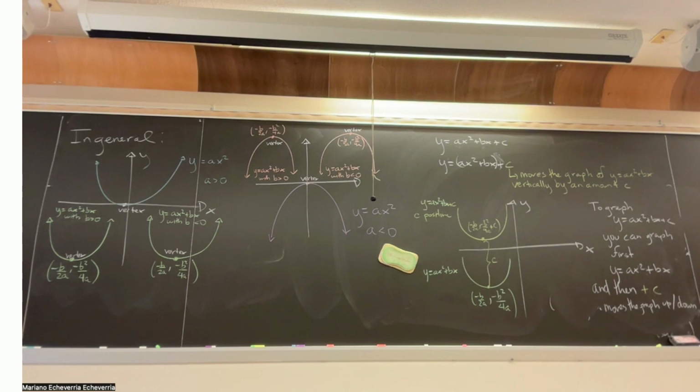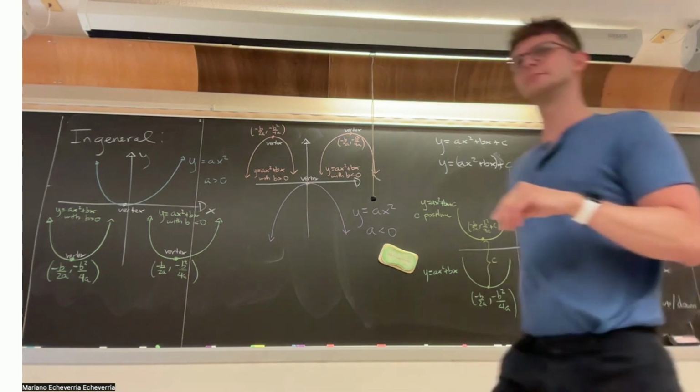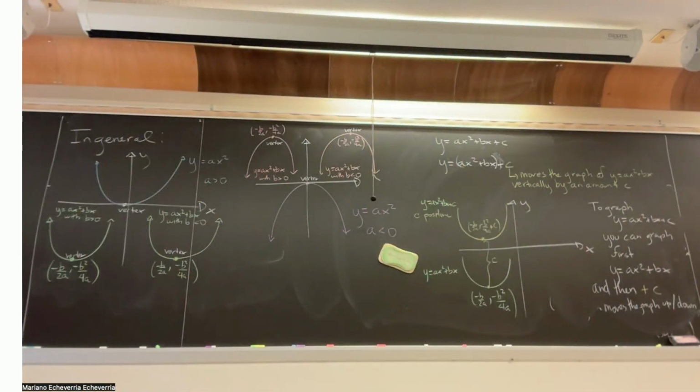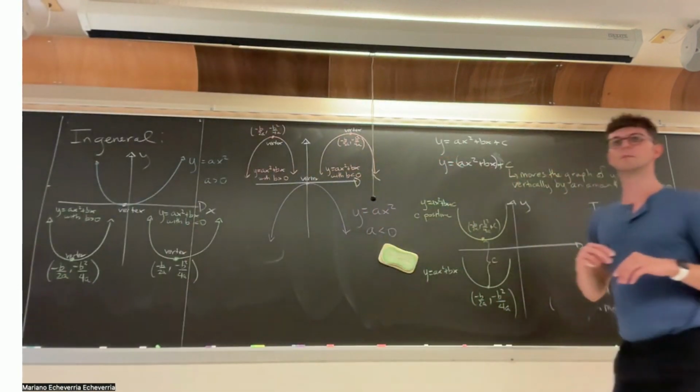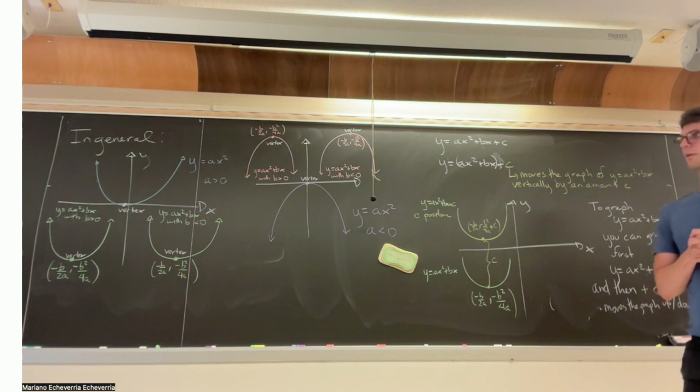To put this all together: A positive is a smiley face, and it depends on whether it's smiley or frowny. B shifts the graph either left or right depending on if it's plus or minus B, and then C moves the graph vertically by the amount of C.